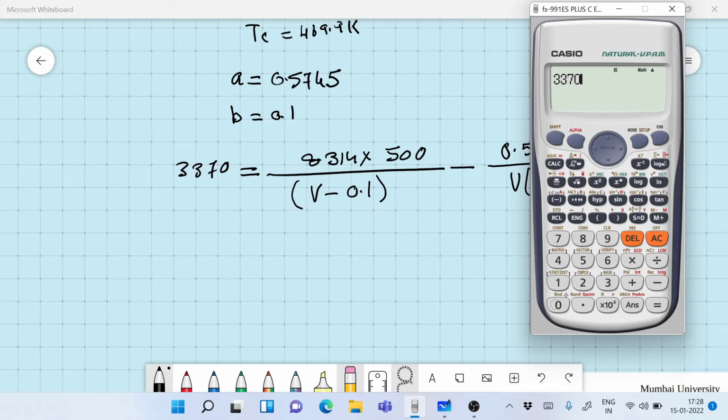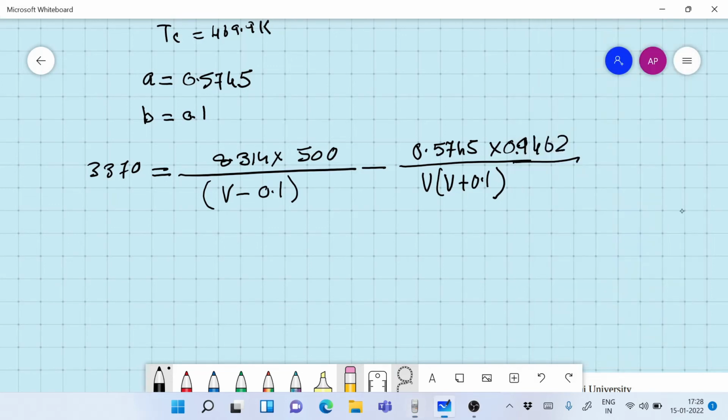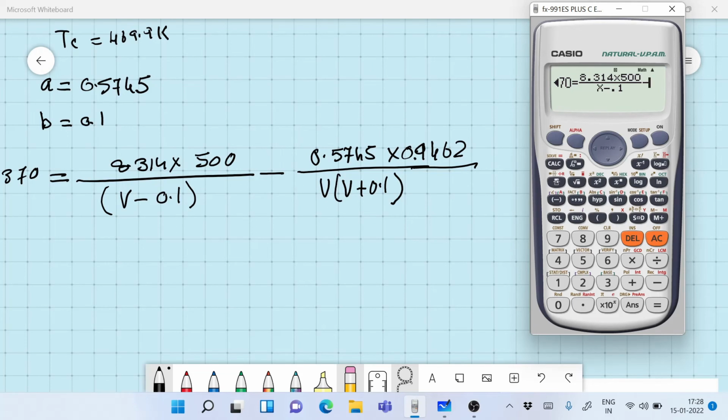So 3370 alpha, and then afterwards you have is equal to the first number, that is 8.314 into 500, divided by alpha x minus 0.1, minus of 0.5745 into 0.9462 divided by alpha x, start the bracket, alpha x plus 0.1 and close the bracket.